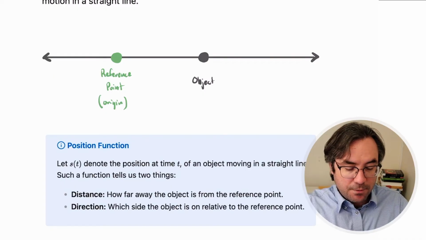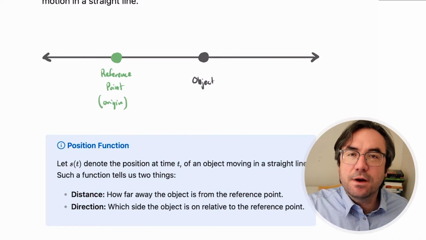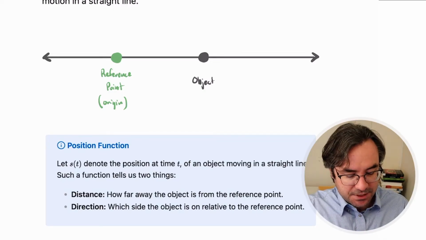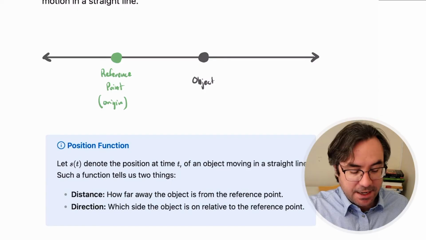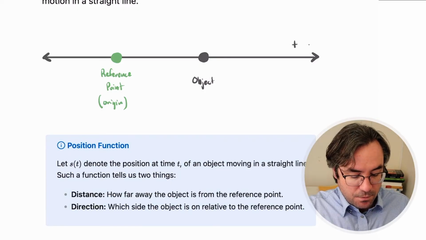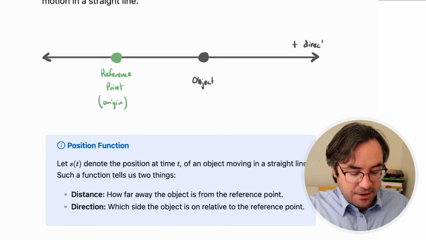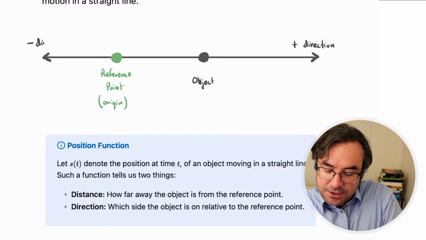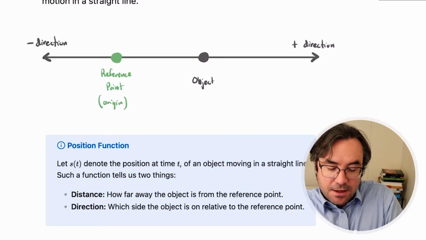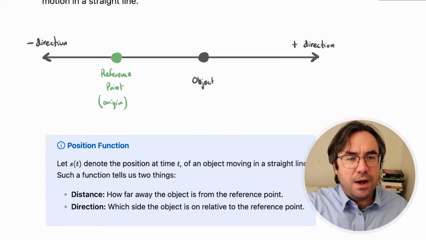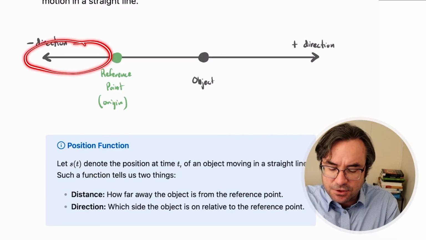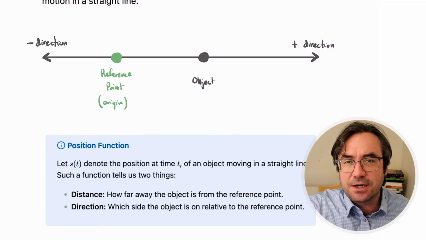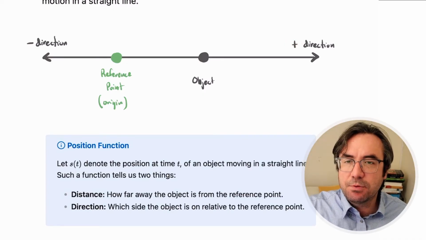So we normally make one of the directions positive, and then we make the other direction negative. Just kind of like our x and y axes. So on this diagram, I'm going to make this side the positive direction, and I'll make this side the negative direction. Kind of like our x-axis. But there might be situations where maybe you want to reverse it. So maybe you're more interested in things over here, so you want to make this the positive direction, and so this would be the minus direction. Certainly plausible.